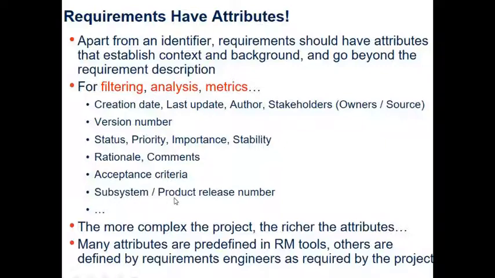You would have subsystem or product release number associated with that requirement. Right? So these are some attributes that you would have with each requirement. The more complex the project, the richer the attributes will be. Many attributes are predefined in requirements management tools. Others are defined by requirements engineers as required by the project.